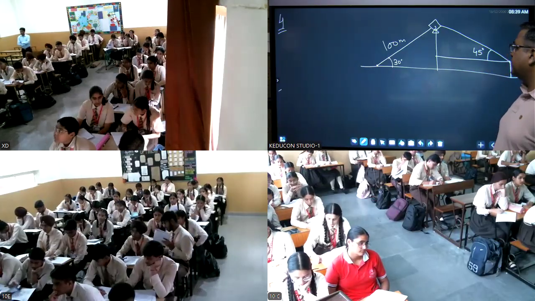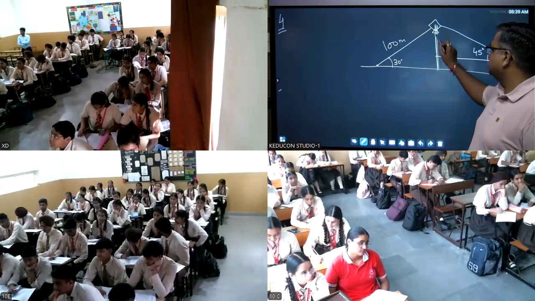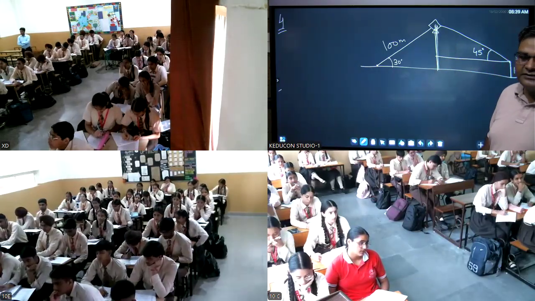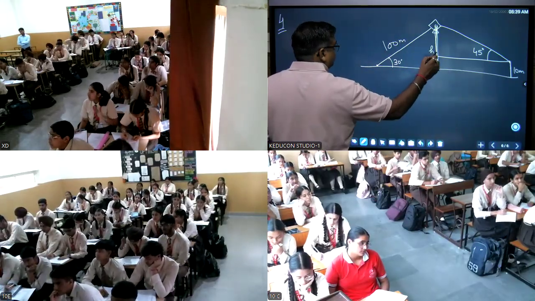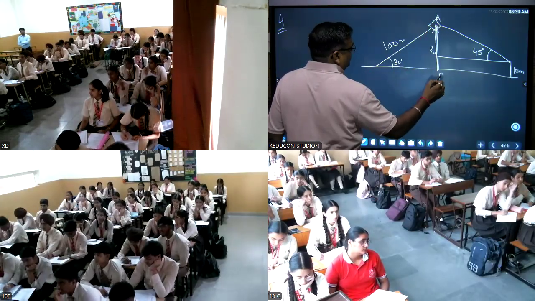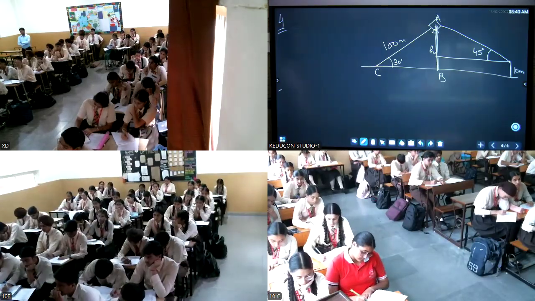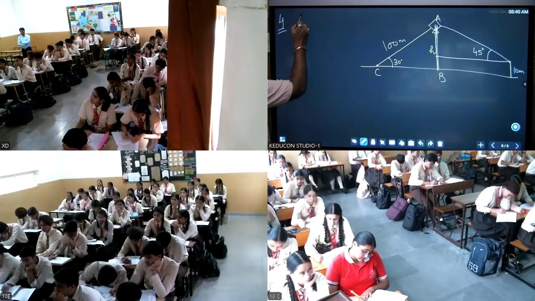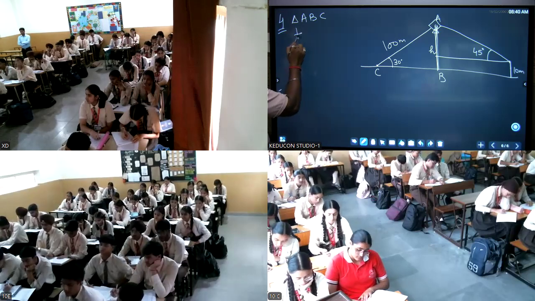Now how you have to find out? First you need to find out this height. Is this clear, ji? What will be this height? Let's say this is h. A, B, C. Right, ji? So now in triangle ABC, what will apply?